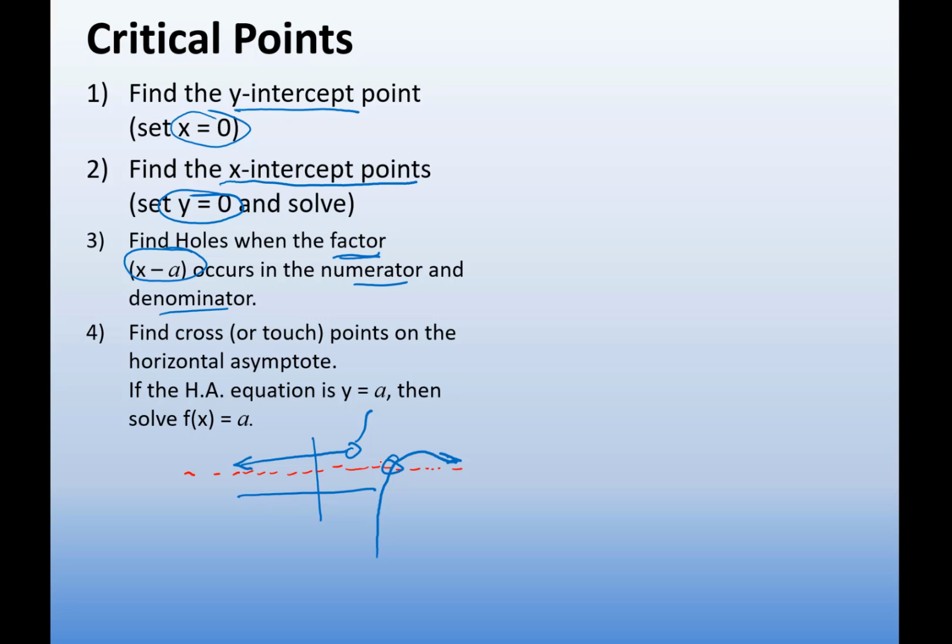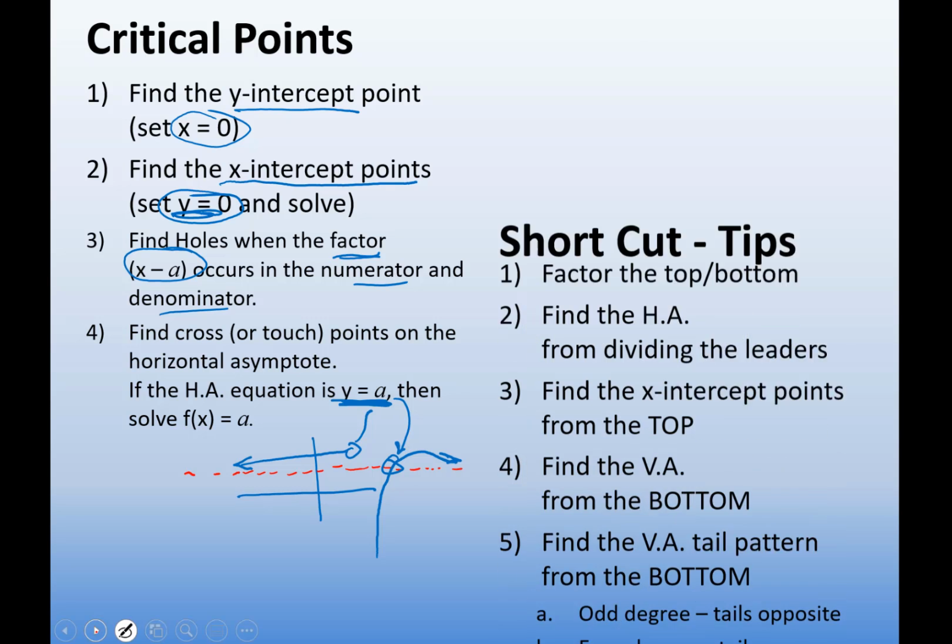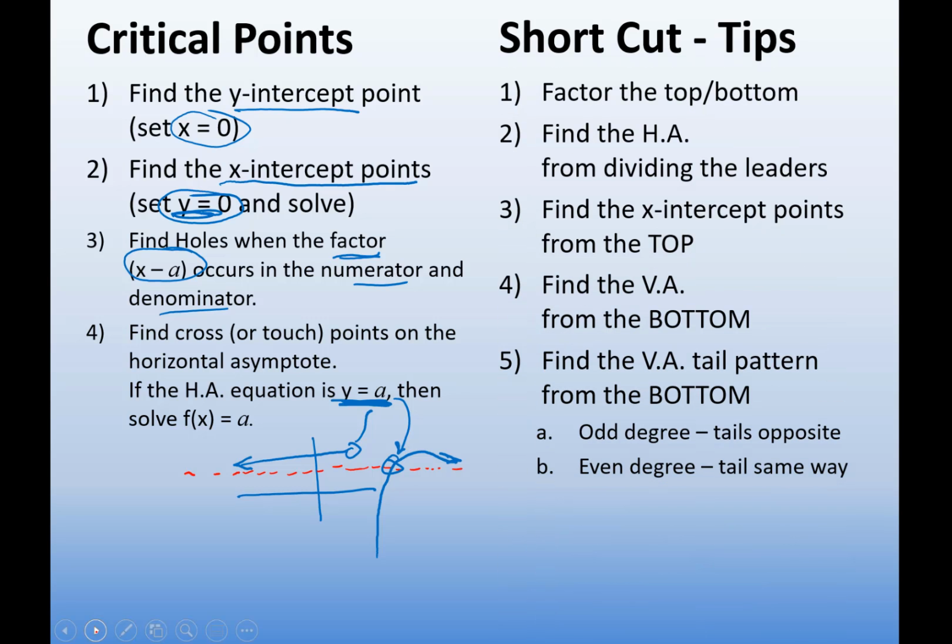And that's easy to find. It's kind of like finding the x-intercept points. You set y equal to 0 for an x-intercept. Well, for these crosses, you set y equal to the horizontal asymptote value, and it'll tell you that point where it crosses. Now, I suggest that, well, hold that thought. I'm going to give you a few more tips here. Then I'll give you my suggestion.